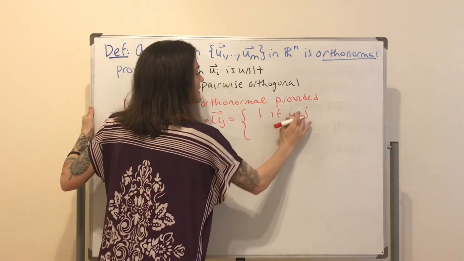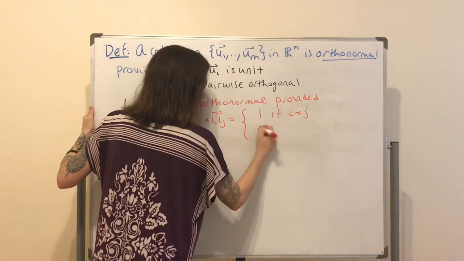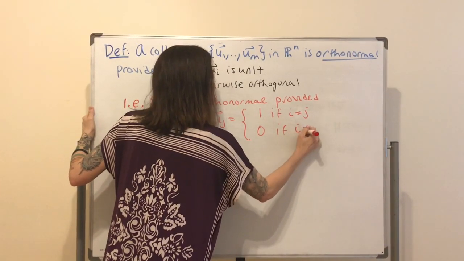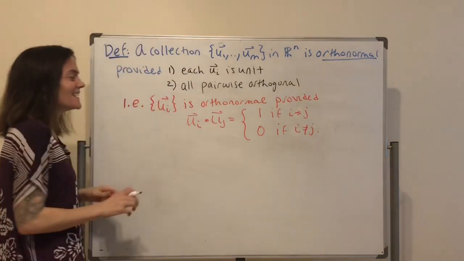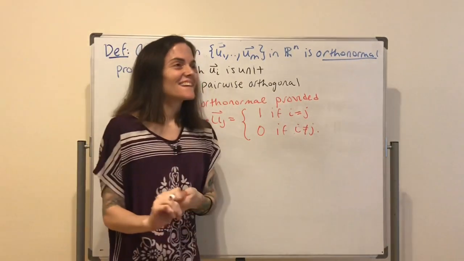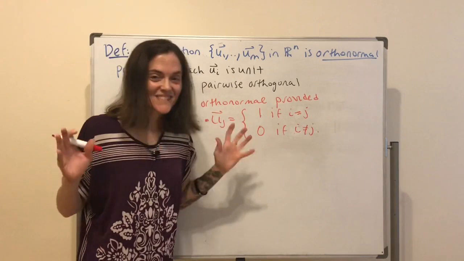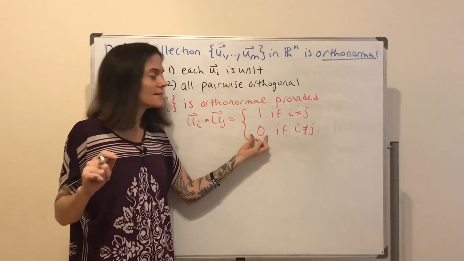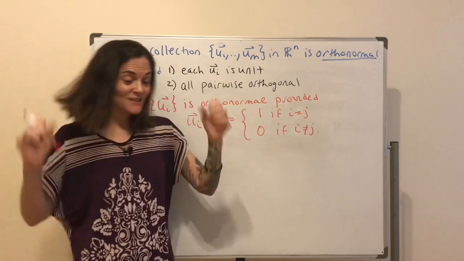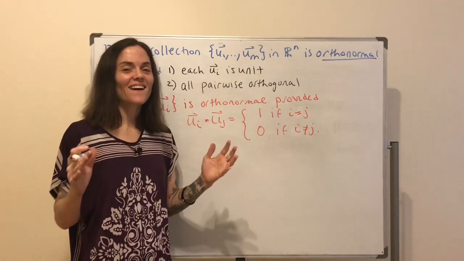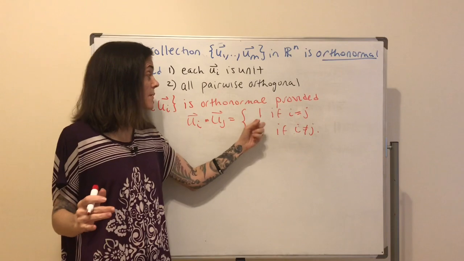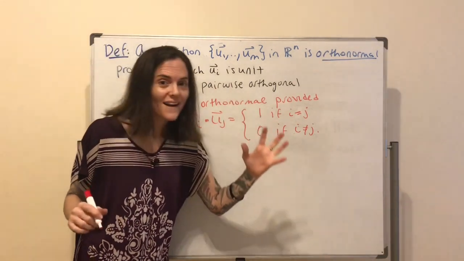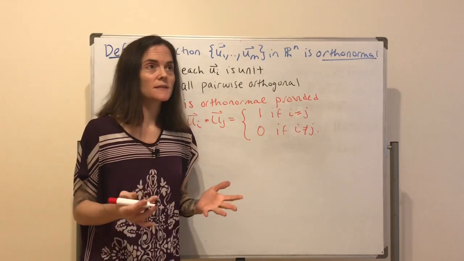Oh, pardon me. This way, 0 if i is not equal to j. Let me tell you what each one means since I started to write it wrong. Here, this is saying that you take any two different ones, they are orthogonal, right? Their dot product is 0. And this one, if you have a vector dotted with itself and you get 1, this means it's unit, right?